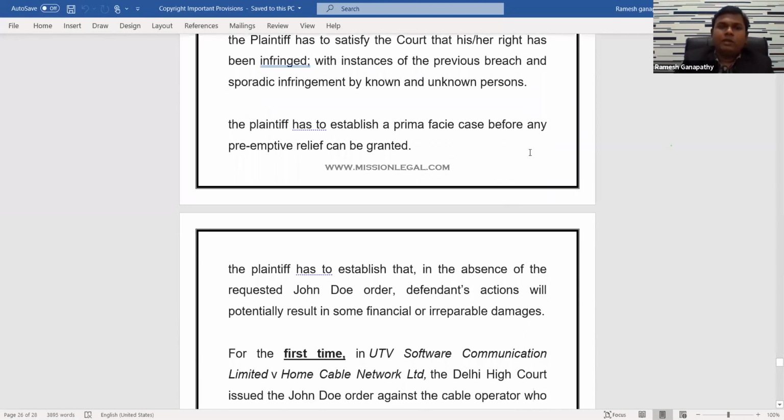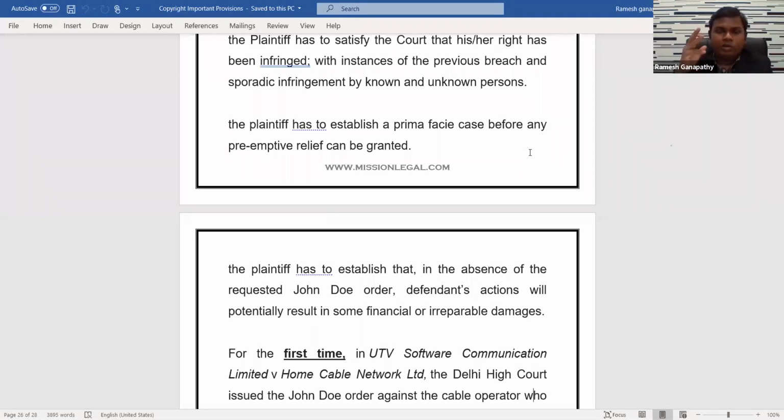Number three, the plaintiff has to establish that in the absence of the requested John Doe order, the defendant's action will potentially result in financial or irreparable damages. So these three elements have to be met before issuing the John Doe order.